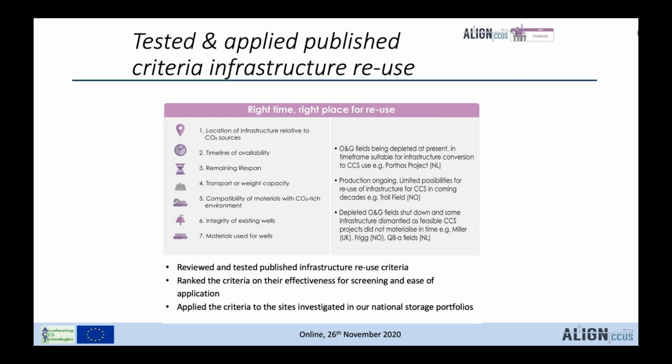So to address loss of suitable infrastructure before CCS becomes operational, ALIGN has proposed that there should be appointed either an interim entity or an operator of last resort to maintain suitable infrastructure until it is needed for CCS after production has finished.